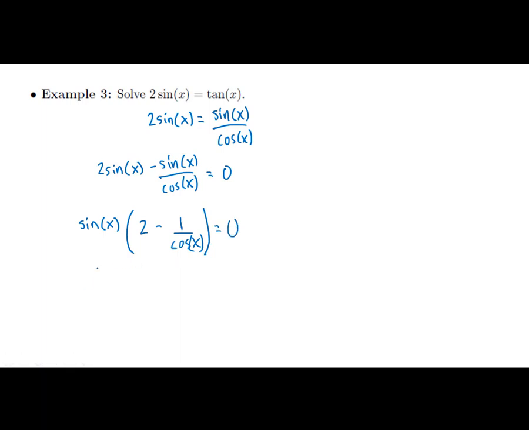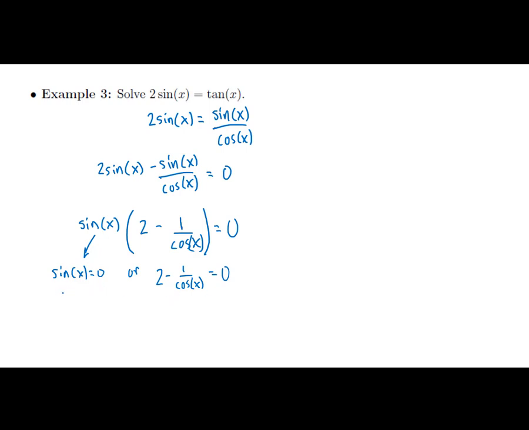And this is actually really nice, because the moment that I have it factored into two different factors multiplied to make 0, I can say, okay, either this factor is 0 or this one is 0. And I can just set to work on trying to solve each one.